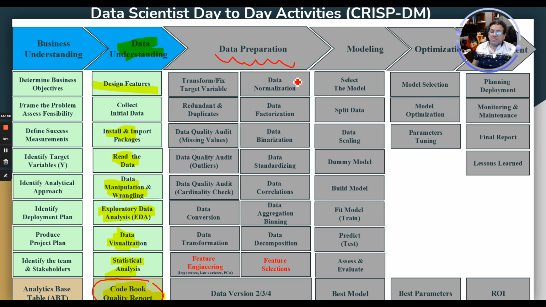You have outliers, for example. You already have them in this quality book. In this quality book, you should talk about outliers, duplicates, categorical data, and the distribution of your data, based on what you have learned through applying EDA, data visualization and statistical analysis of your data.